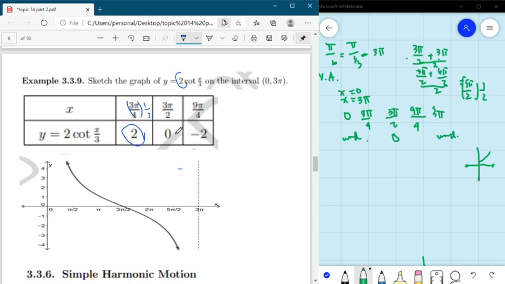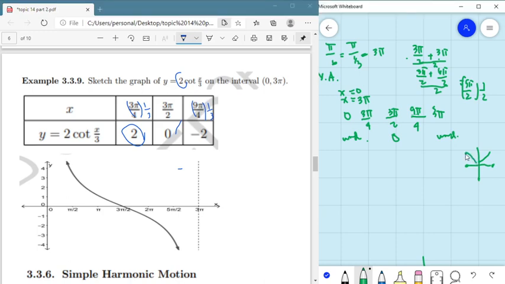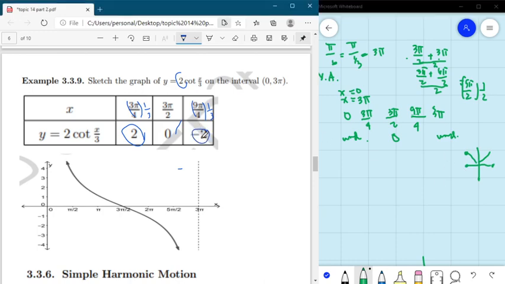Then for 9 pi over 4, multiply by 1/3, since it is x over 3, so the 3 cancels and it becomes 3 pi over 4. The cotangent here is negative 1, and negative 1 times 2 is negative 2.